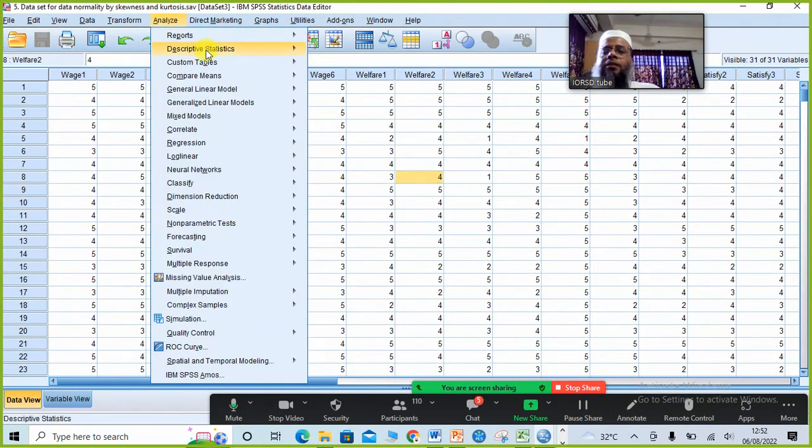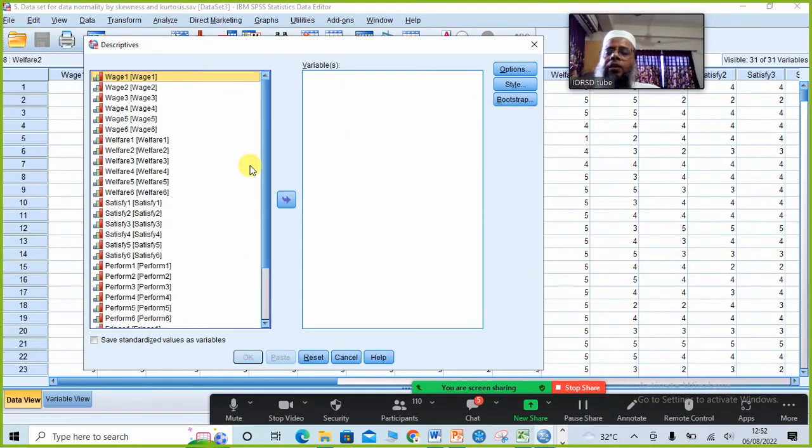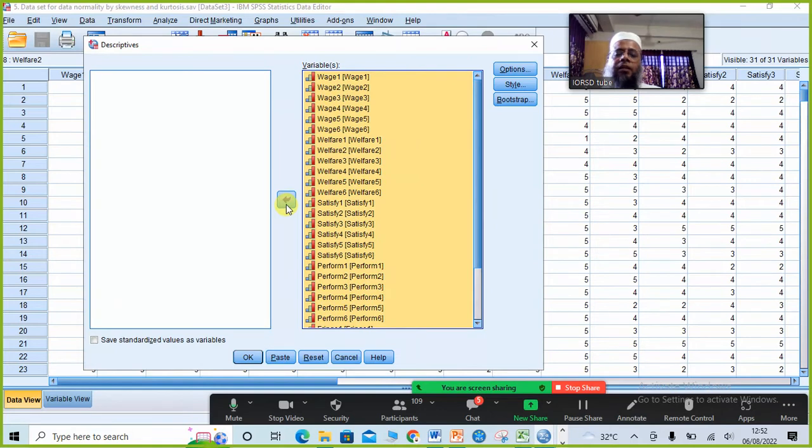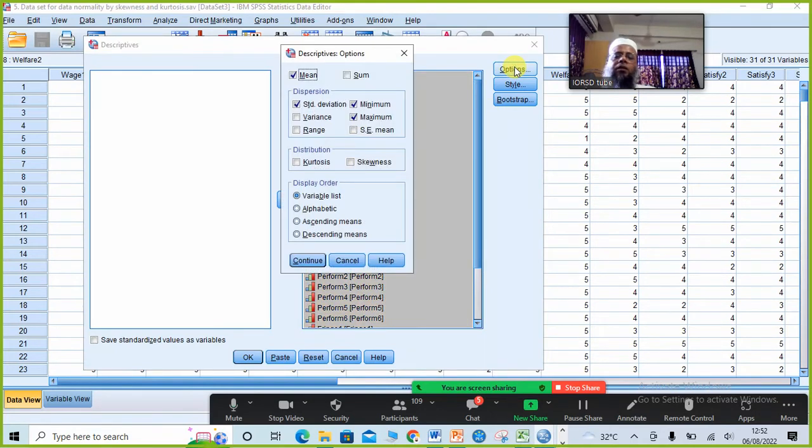Go to Analyze, go to Descriptive Statistics, then go to Descriptives, then take all the items to the right side and go to Options. In Options you will find skewness and kurtosis. We need these two values, very important.